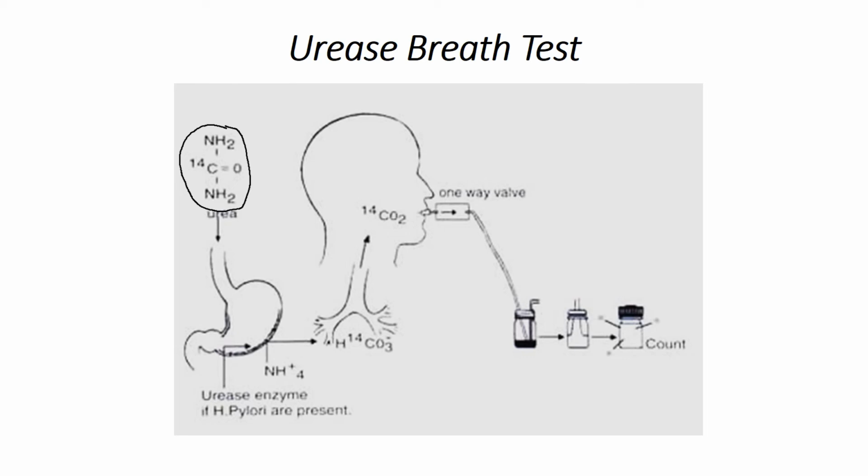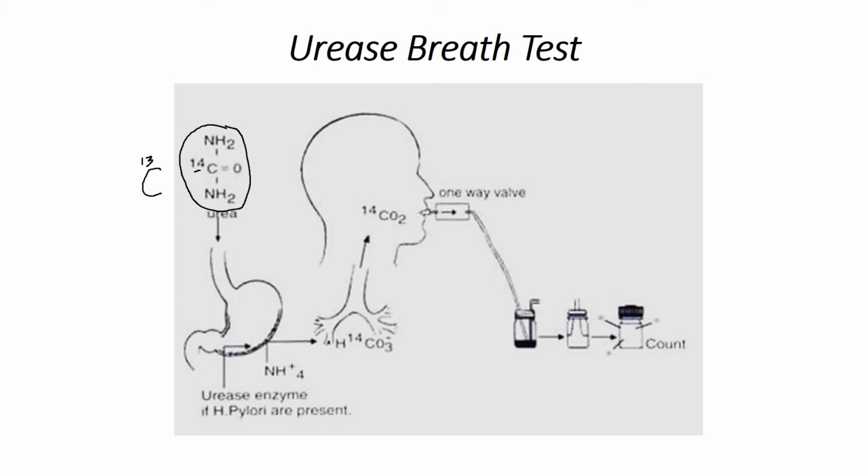Notice that the C here has 14 written on it. This is radioactive carbon 14 in the urea molecule itself. Now the other one that can be used is carbon 13. In carbon 13, this is a stable isotope. It is different than normal carbon 12, so it can be detected properly. But carbon 14, the radioactive isotope, is the easiest to generate and easiest to detect.